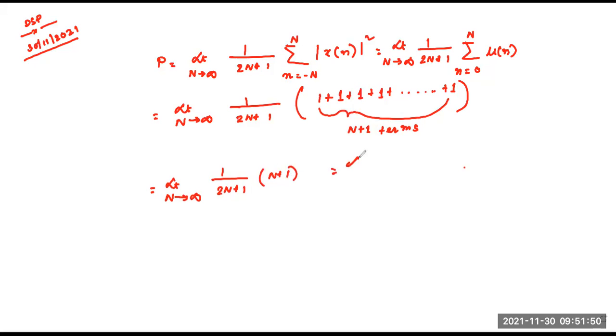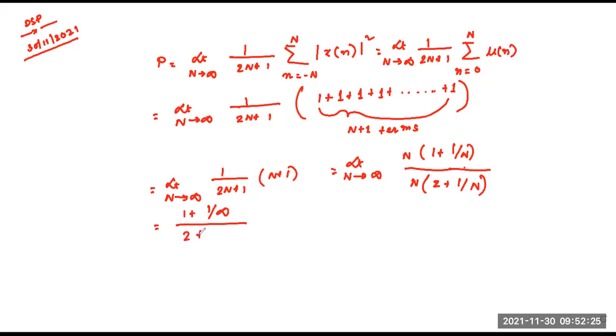That equals limit N tends to infinity N into 1 plus 1 by N, by N into 2 plus 1 by N. Now that becomes 1 plus 1 by infinity and 2 plus 1 by infinity.